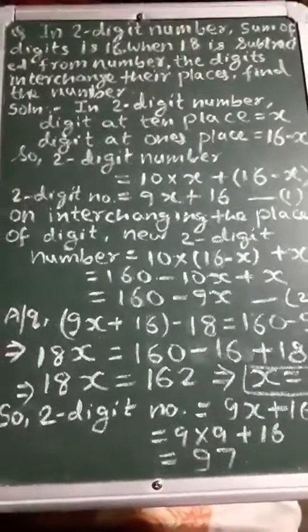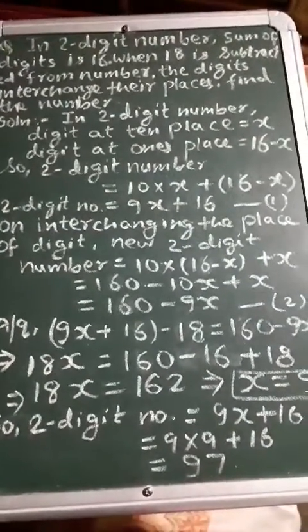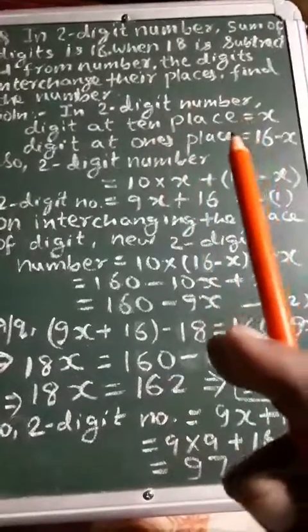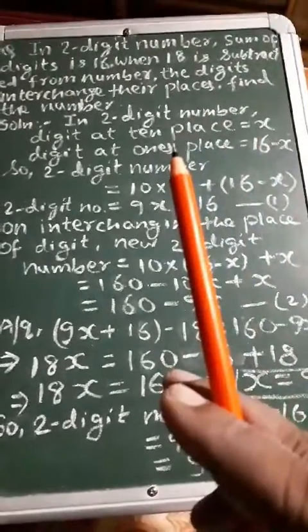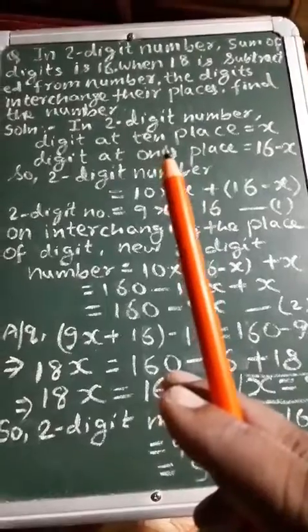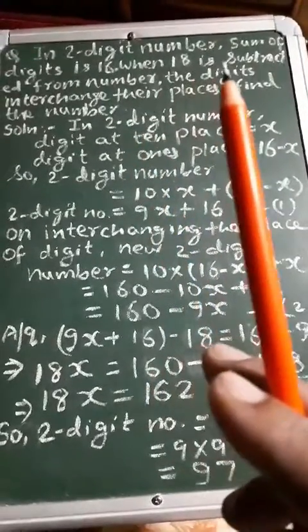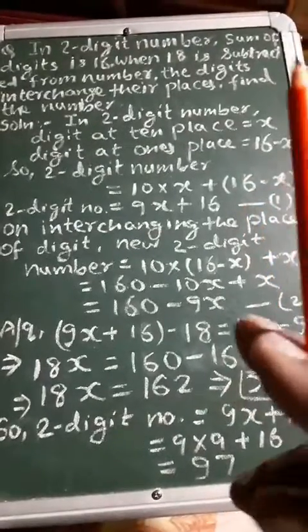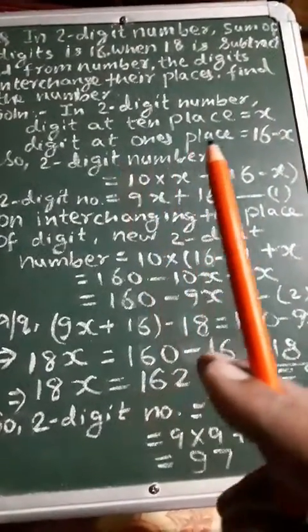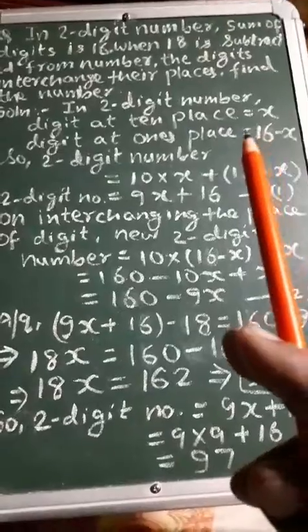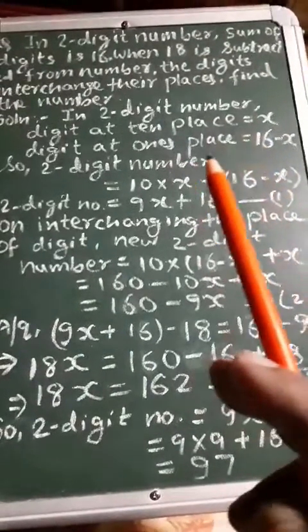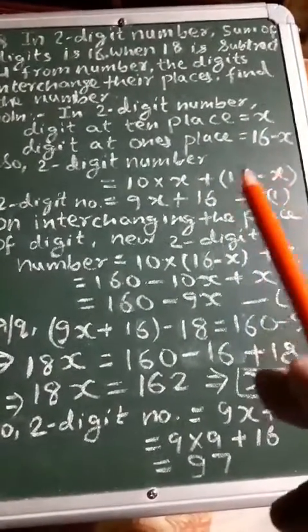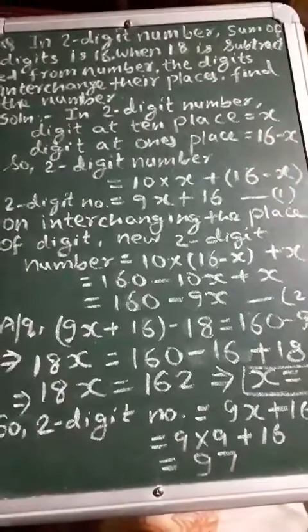Now, on interchanging the places of the digits, 97 becomes 79. The number that was at the tens place becomes the ones place, and the number that was at the ones place becomes the tens place. Tens place is x, now ones place is x. Ones place is 16 minus x, now tens place is 16 minus x.